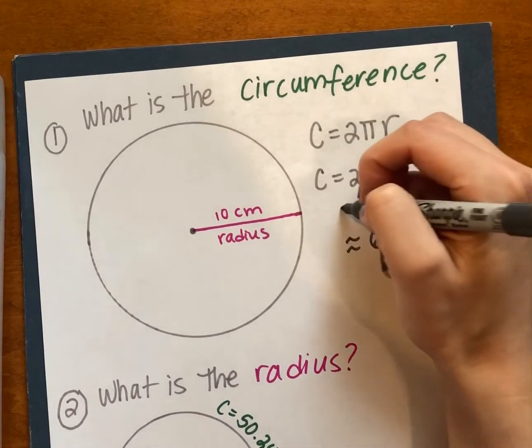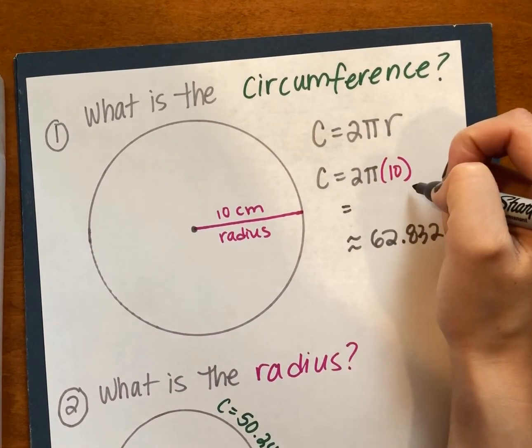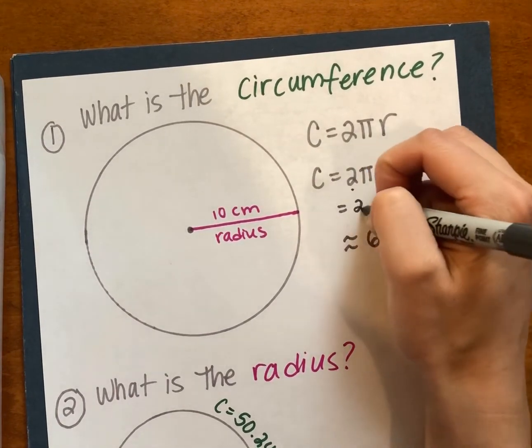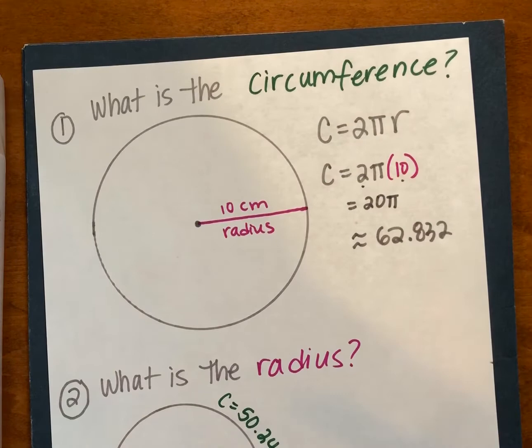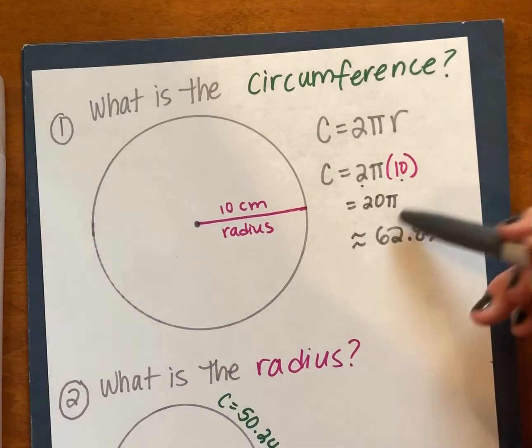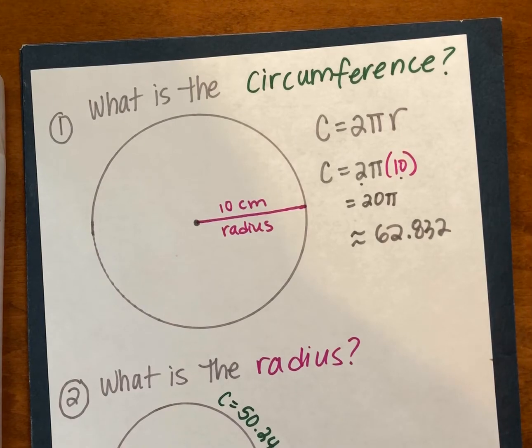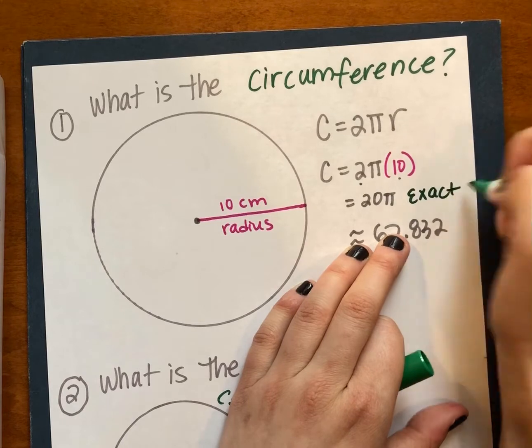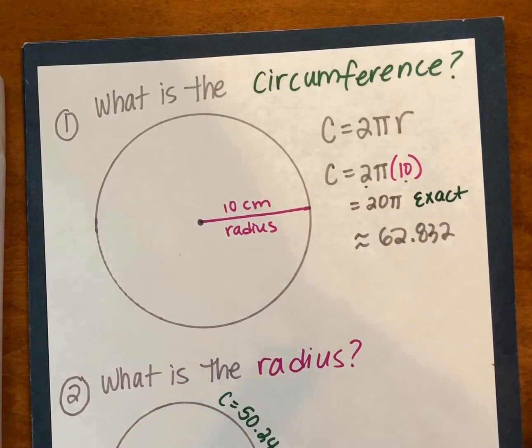Or we could even leave this as the answer 20 pi, just by multiplying the two numbers together and treating pi, although it's not a variable, kind of like a variable in that regard, where we just write it there on the end. This is what we would call an exact answer, because there's no rounding happening.